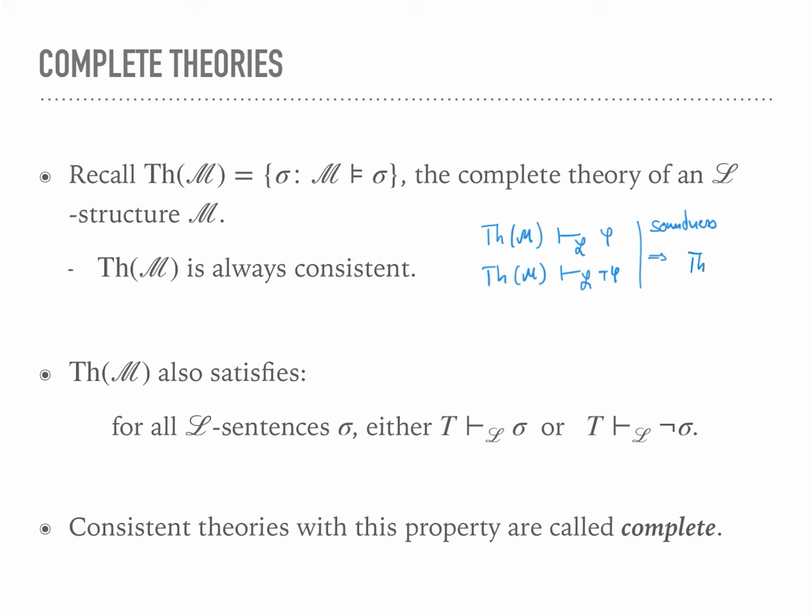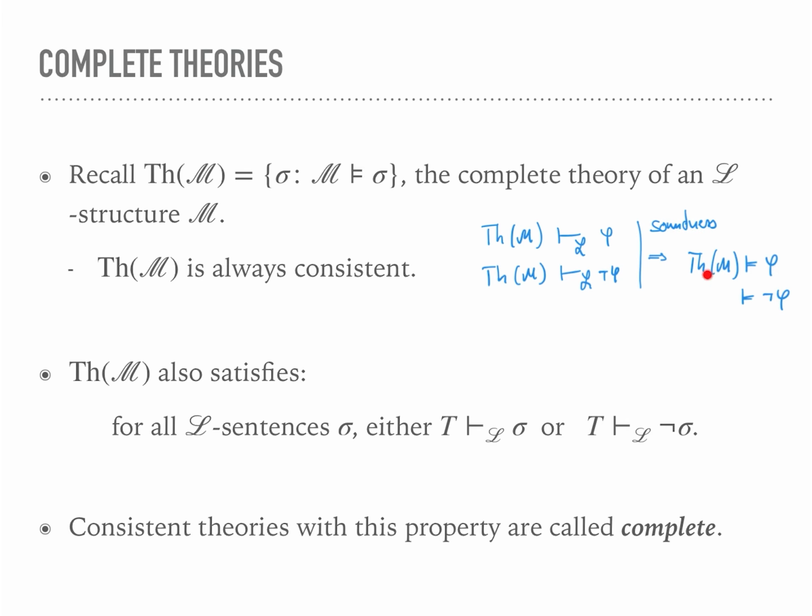Well, that would also mean that the theory would logically imply phi and also logically imply not phi. But if you think of the definition of this, this is actually impossible, right?